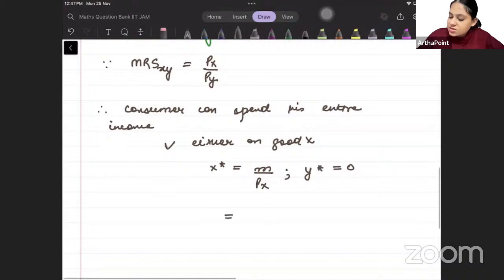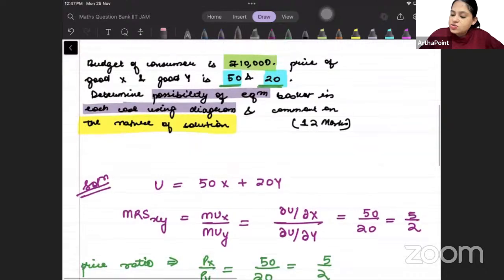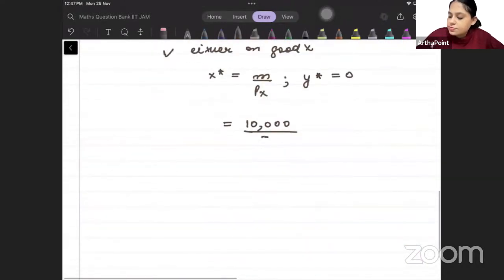So in this case, your income is 10,000. Price of good X is 50.